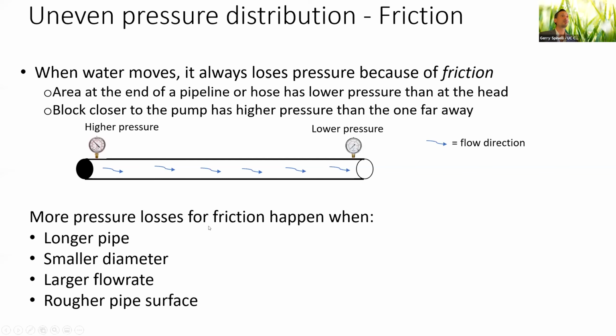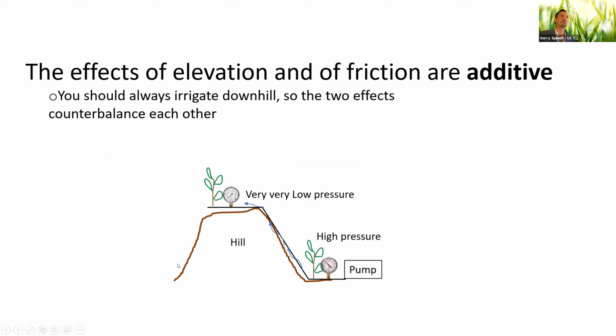So everything being equal, it's better to have a larger pipe. Of course, it's more expensive, so there's a trade-off there. If you have a larger flow rate that you are forcing through that pipe, you also lose more pressure. And also there's a factor that has to do with the roughness of the surface of the pipe.